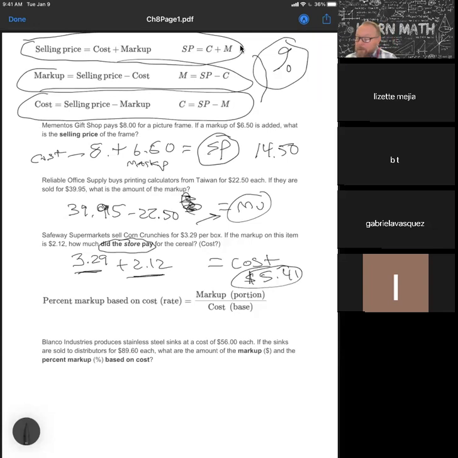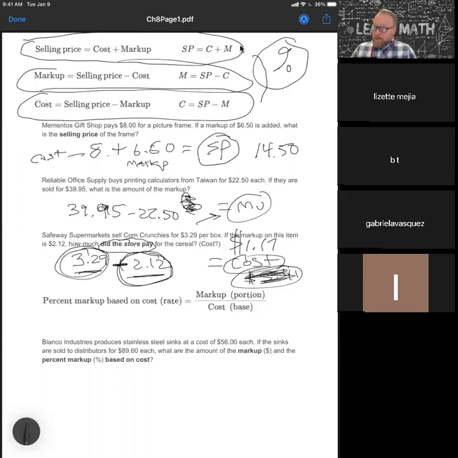I'm selling them for $3.29 and I marked them up $2.12, so how much did I get them for? It's a subtraction. Sorry about that. I bought them for $1.17 each. That was my cost. Sorry to confuse you.